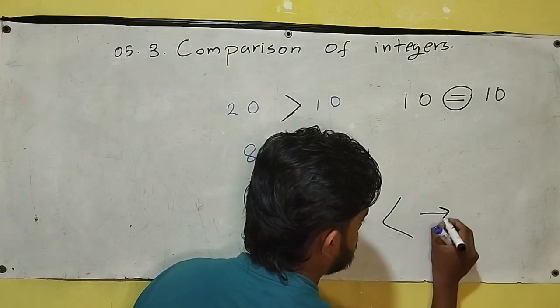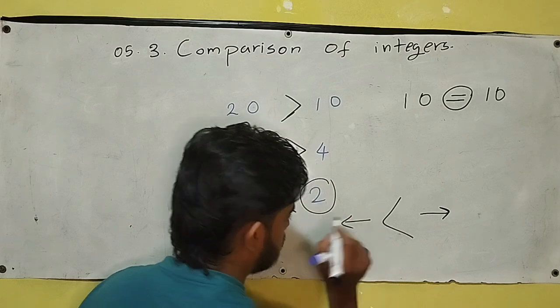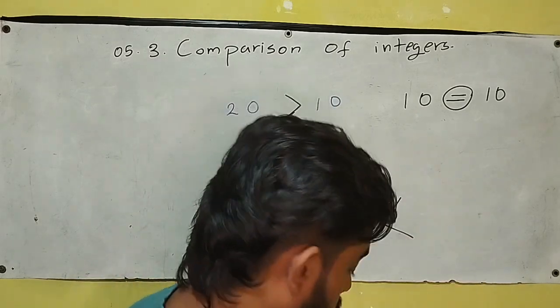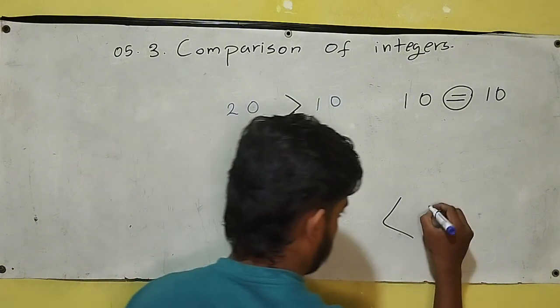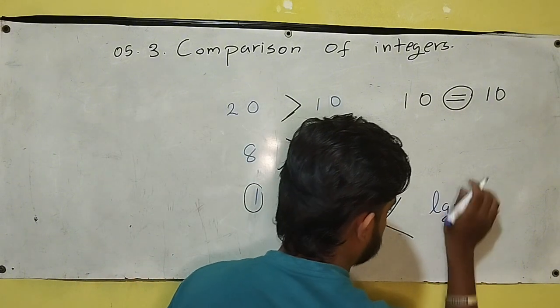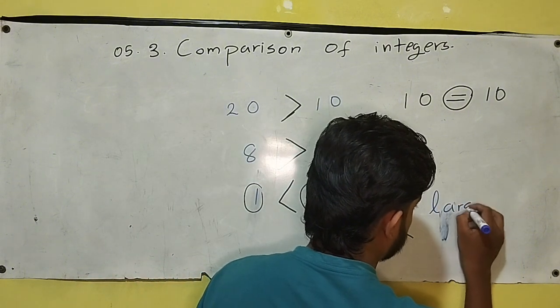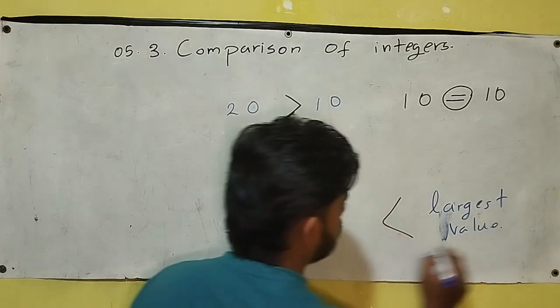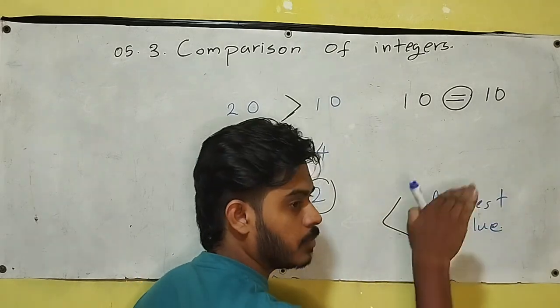This towards this side as well as this side. How to write down? How to put? Very easy. Largest value or greater or bigger.